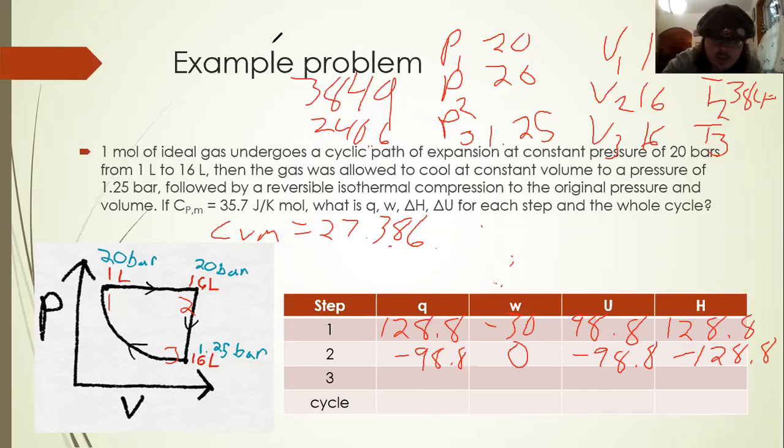Now, finally, here's the big thing, the isothermal step. Remember, isothermal, negative Q equals W equals negative nRT ln VF over VI.